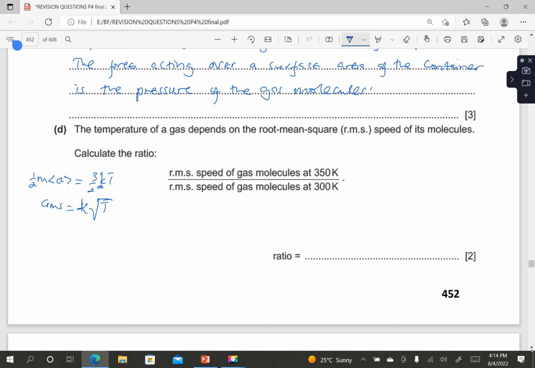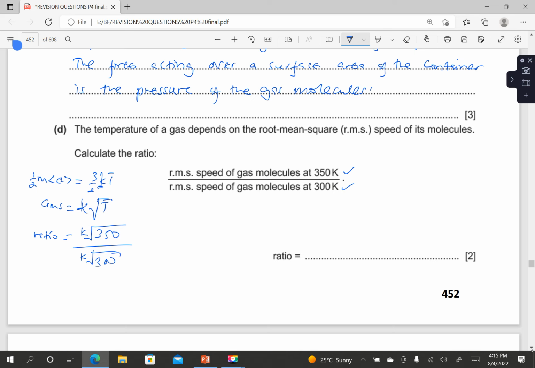So we have at 350 and at 300, and we just divide because we want the ratio. For the first one, it is a constant times the square root of 350. For the second one, it is also a constant times the square root of 300. We are dividing the root mean square speeds.